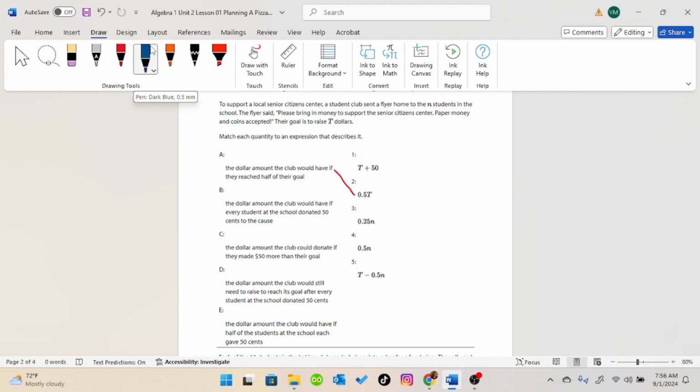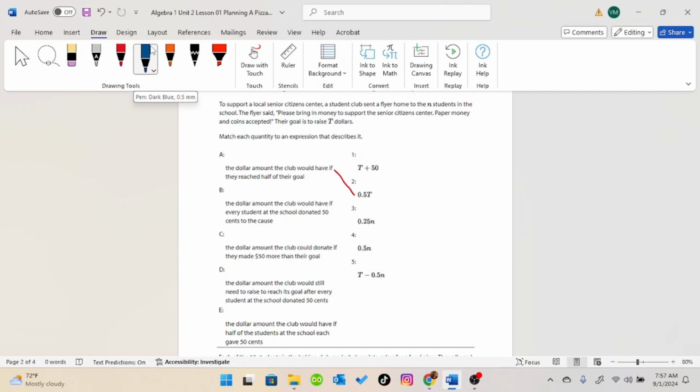Description B. The dollar amount the club would have if every student at the school donated 50 cents to the cause. 1 says they're going to take their total and add 50. That is incorrect. 3 says they are going to take 0.25, which is a quarter, and they're going to multiply it by the number of students.